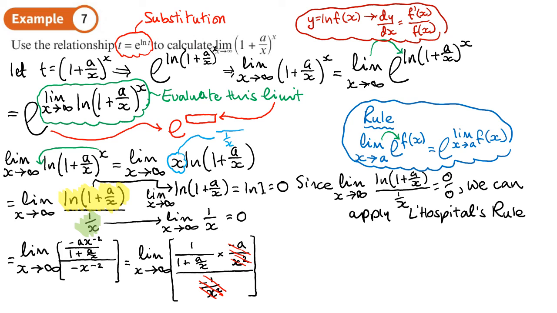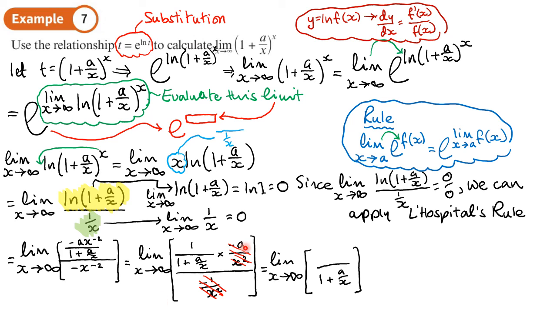So what I'm left with is trying to evaluate this limit, and that is just 1 over 1 plus a over x. Whoops, I just left off my a there. That should be a at the top.